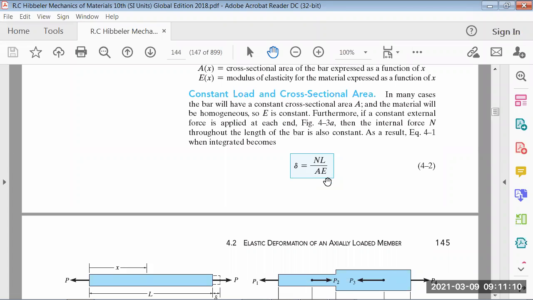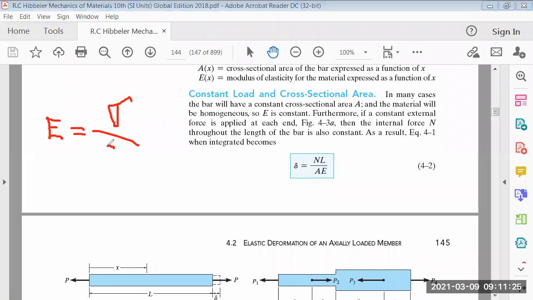So the only thing that we are not familiar with is the modulus of elasticity, E. E is equal to stress over strain. Okay, stress over strain, right? So this is the modulus of elasticity.